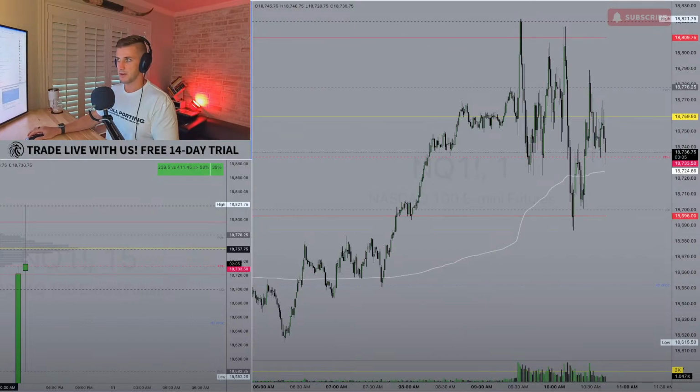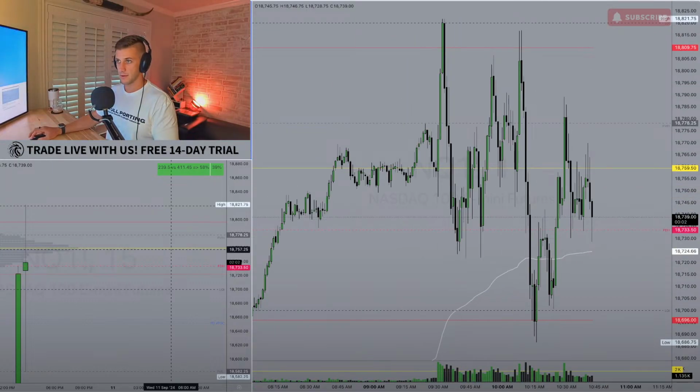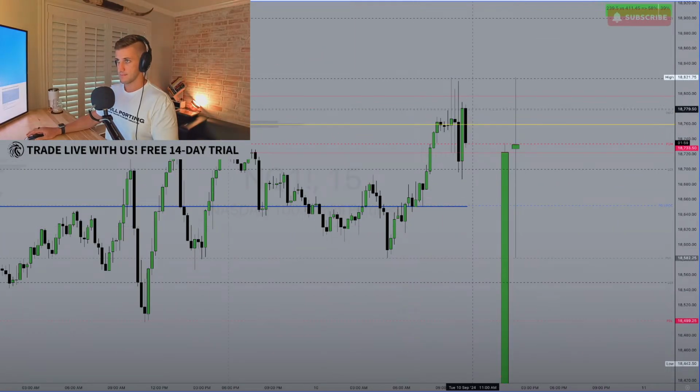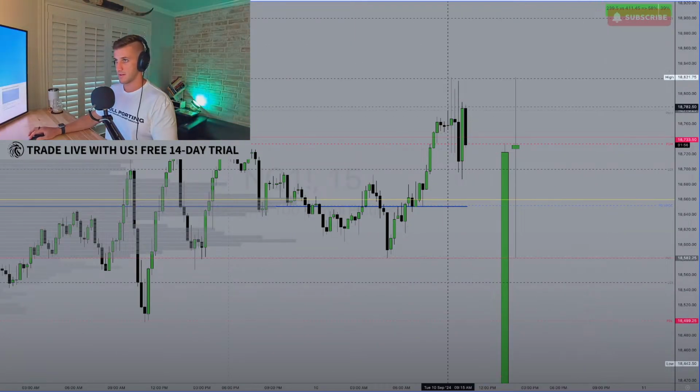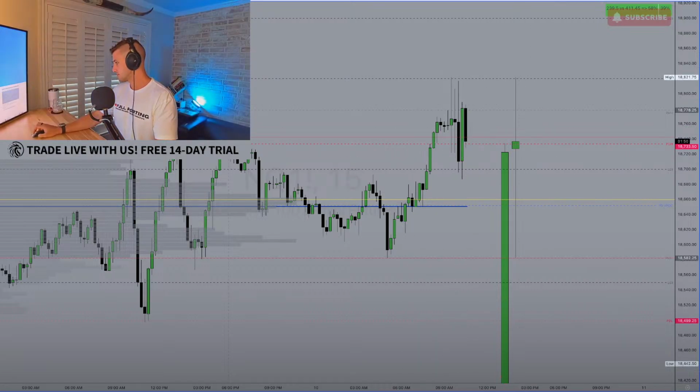So here's that next 15-minute bar on NQ. No direction whatsoever. Just continuing with the sideways. Good day for that capital preservation. Get your 1 or 2 trades.